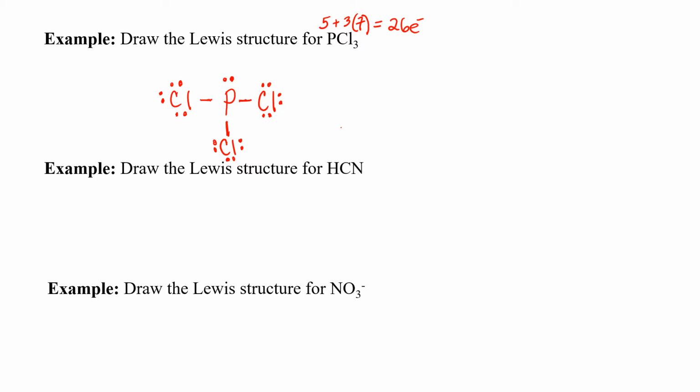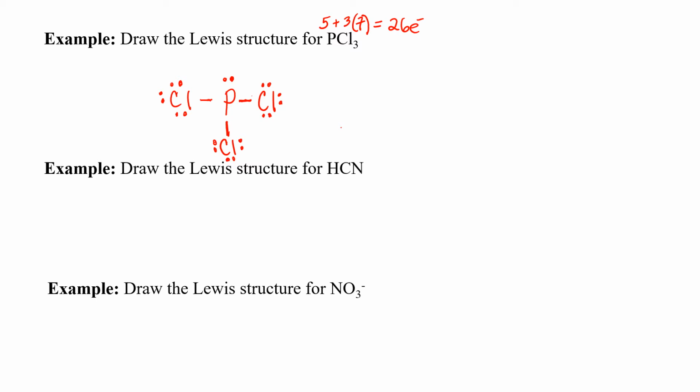So every time you see a single bond, that means that both of the atoms involved own those electrons. So phosphorus technically owns both of the electrons here. Chlorine owns both of the electrons in there. So you can think of it like that when you're counting. That Lewis structure is done.